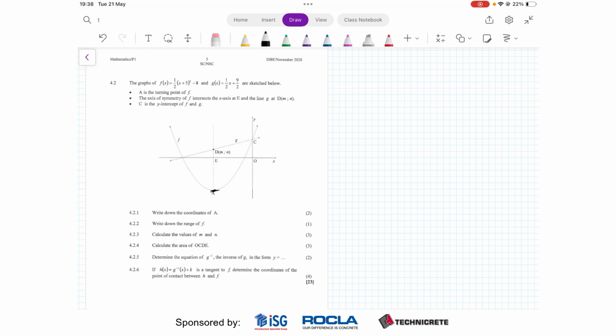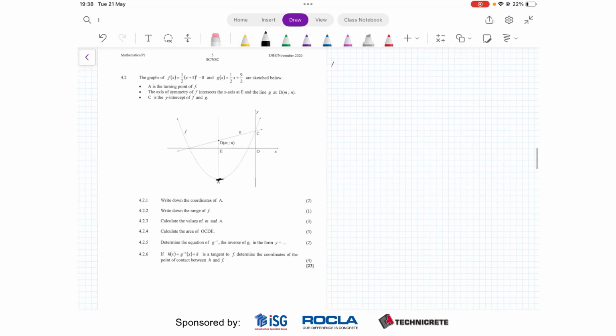Now, the coordinates of A, because we know that A is the y-intercept. For 4.2.1, for the y-intercept, we know that x must be 0. Therefore, f(0) will be equal to 1/2 (0 + 5)² − 8.